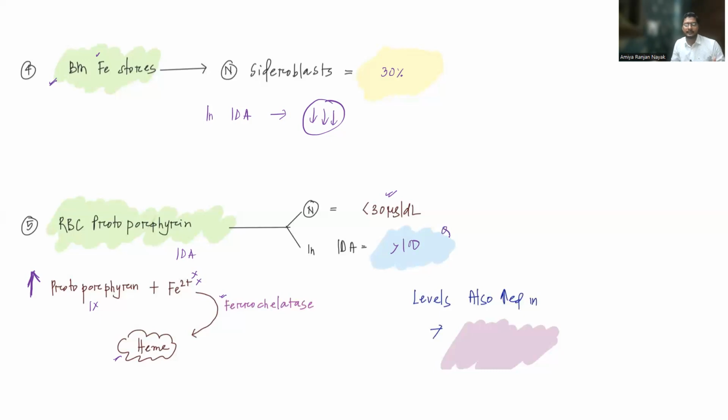Again, this investigation is not commonly done because we have other markers with which you can easily diagnose iron deficiency anemia. And one more point I wanted to tell, it's a very important question: in which other condition are we going to have a high RBC protoporphyrin level? We have discussed previously that in lead poisoning, lead can inhibit the ferrochelatase.